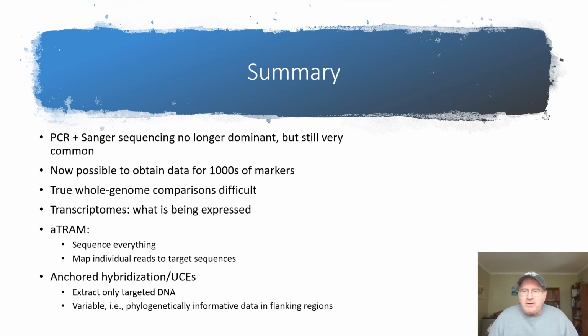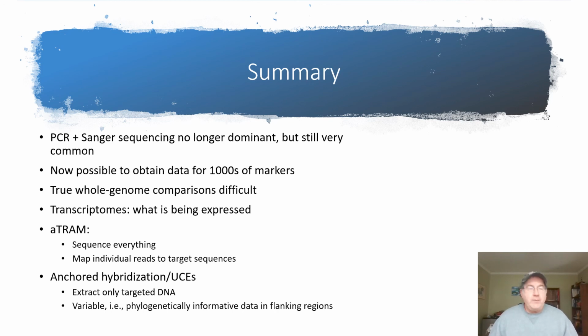I'm using markers so that I can be equivocal about whether they're actually protein coding genes or some other part of the DNA. So, DNA markers, thousands of them. Hopefully, many of them are going to be independent estimates, providing independent data to help you infer the phylogeny of the group that you're studying.